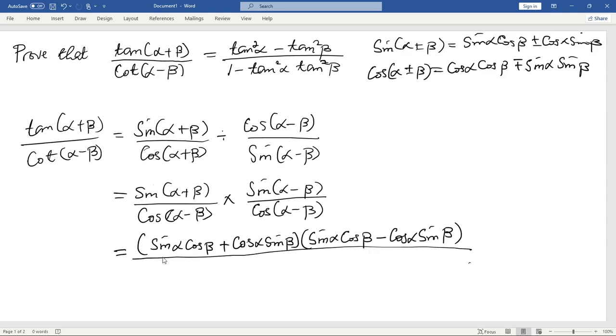Okay, so now the identity for this here is, let's open the brackets this side, simply cos alpha cos beta plus sine alpha sine beta like this here. Then this side here we have cos alpha cos beta like this.